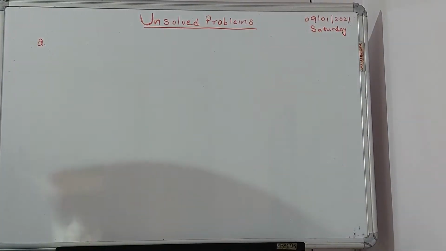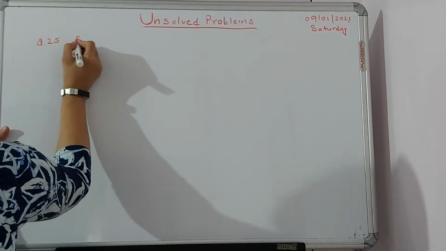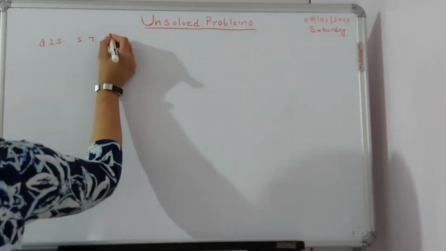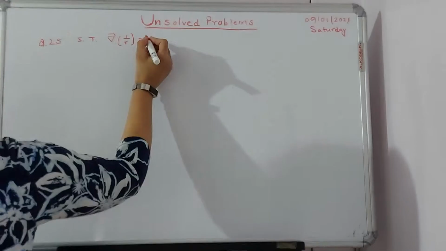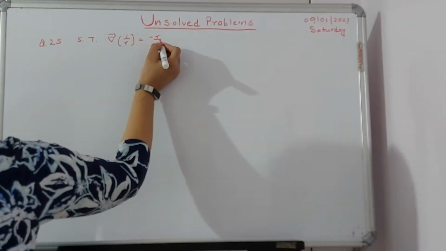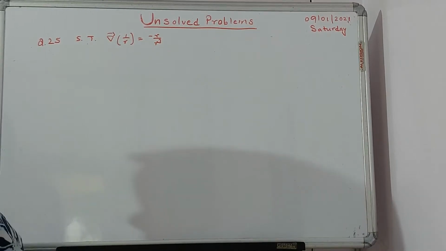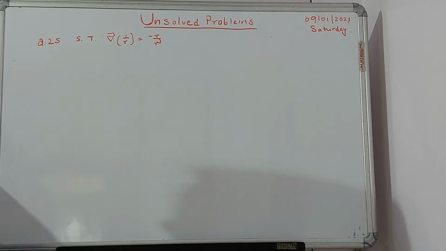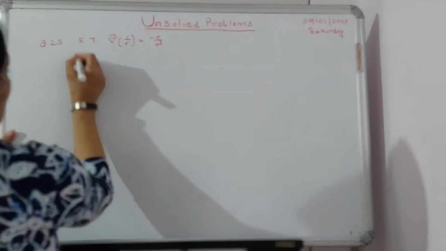So 25 is: show that del of 1/r is −r/r³. So we have to show how you are going to get del of 1/r is −r/r³. First job is del. So what is del?